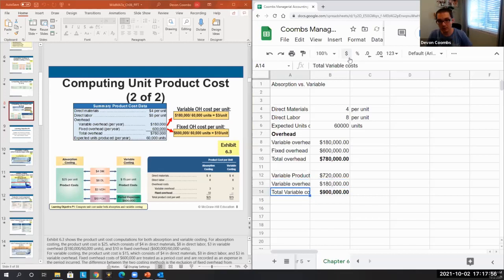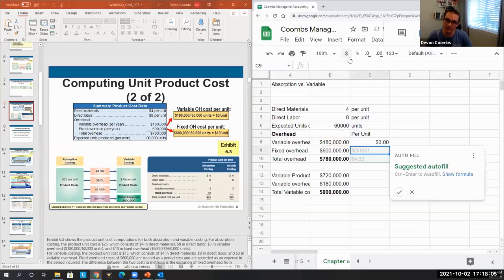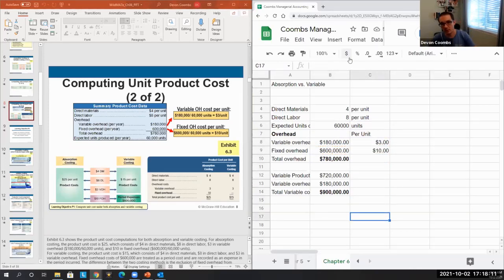We can also look at it per unit. So per unit, we can say 180 divided by 60,000 is $3 per unit of variable overhead, and $10 per unit of fixed overhead. So now we can figure out product cost per unit under absorption costing and variable costing.